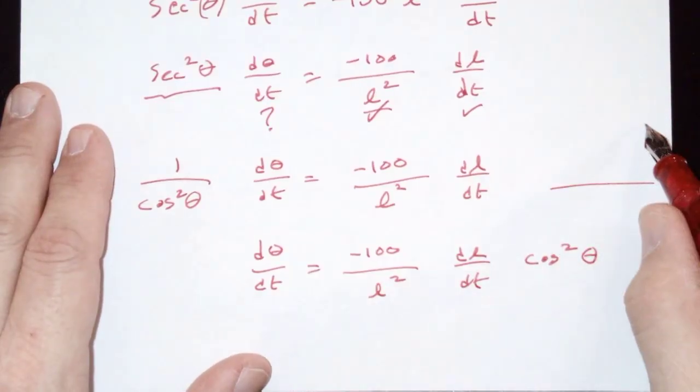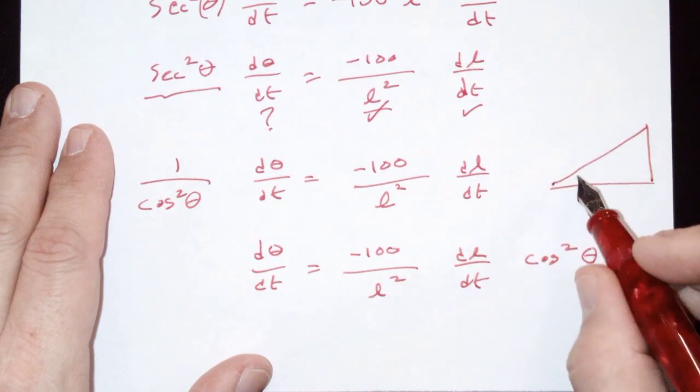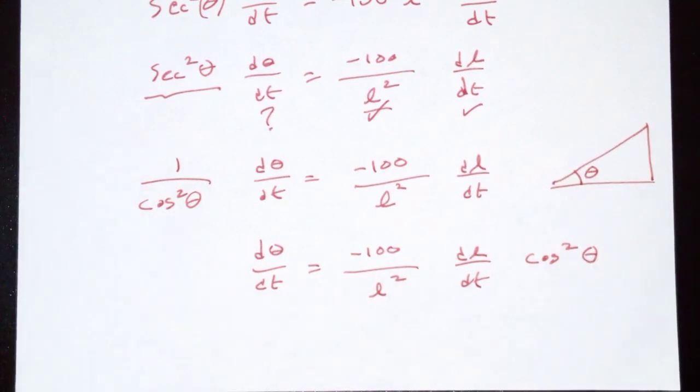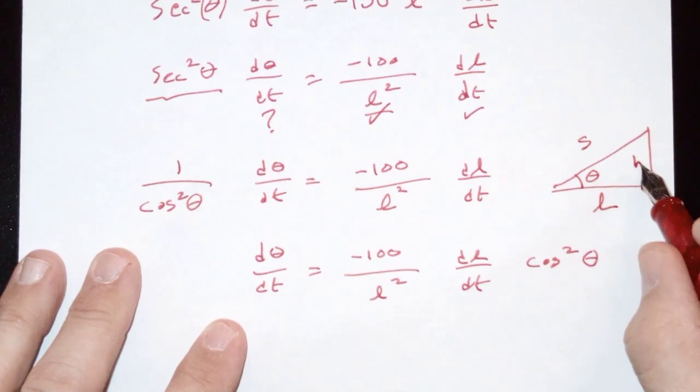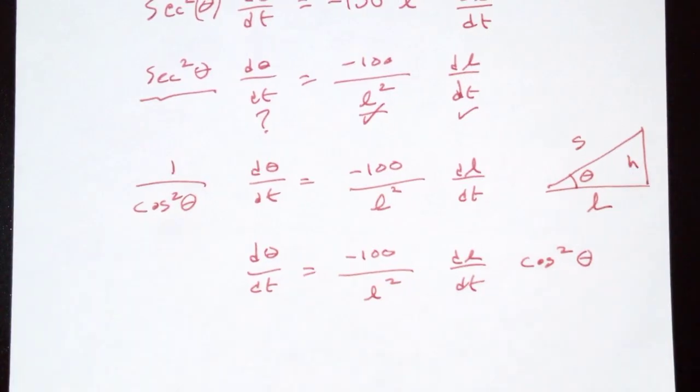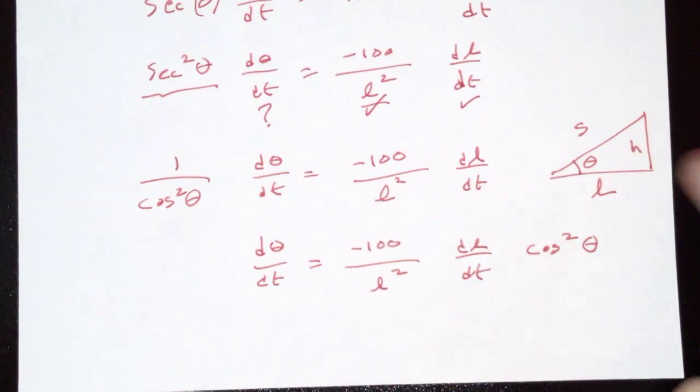I'm going to make a quick, dirty copy of my triangle. This is S and L and H. What two pieces make up cosine? Which in our case is L and S, right?